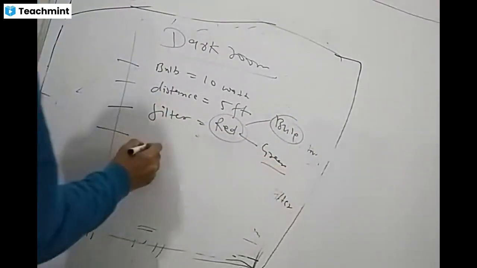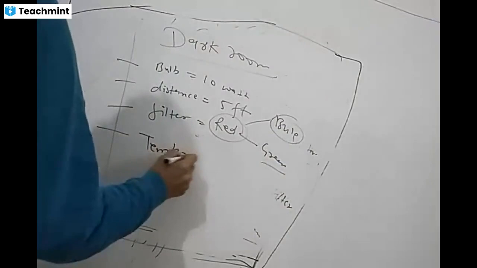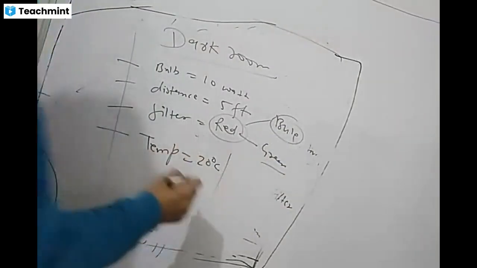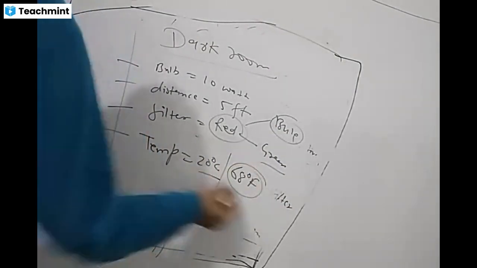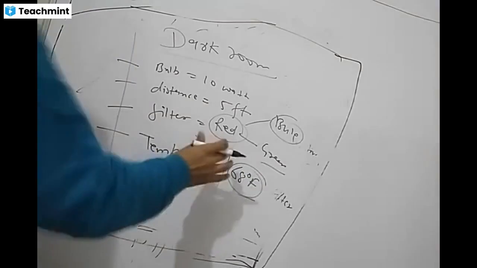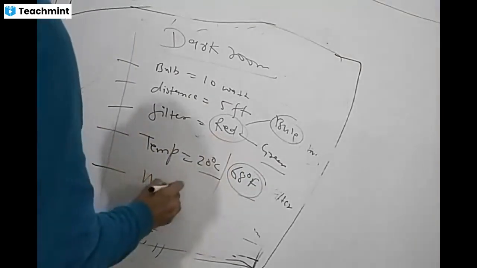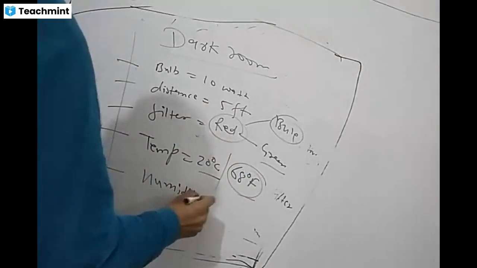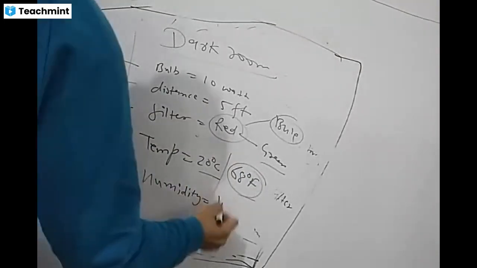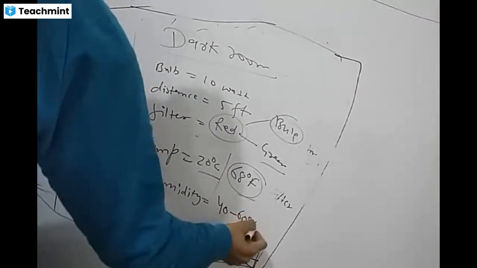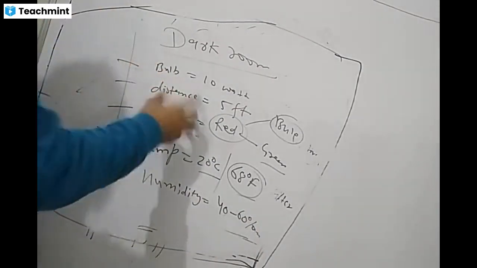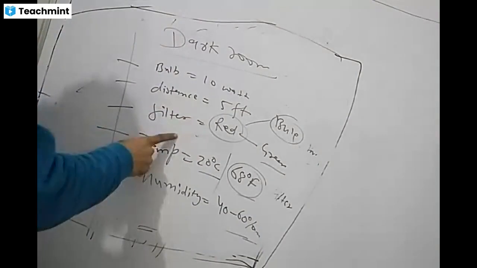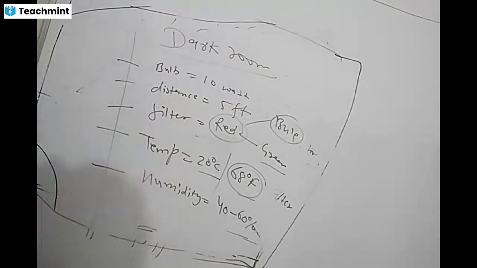And the last, the temperature of the dark room should be 20 degrees centigrade, or you can say 68 degrees Fahrenheit. Two different units. Humidity of this dark room should be 40 to 60%. So remember these 5 points about the dark room: bulb, distance of bulb from the working area, filter, temperature, and humidity.